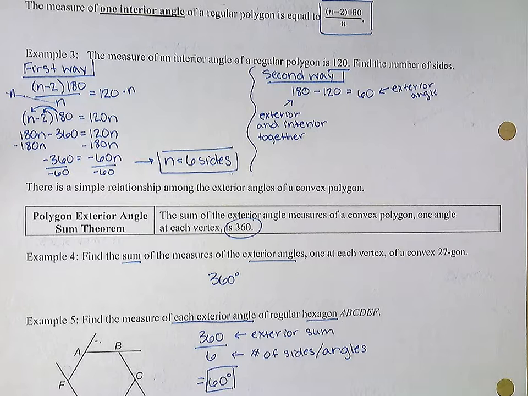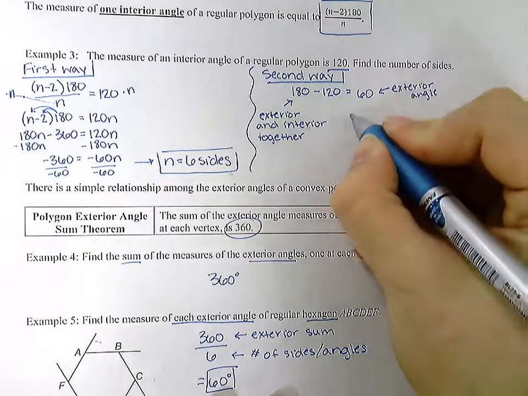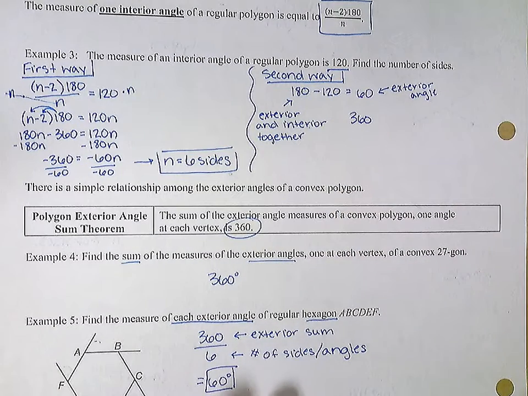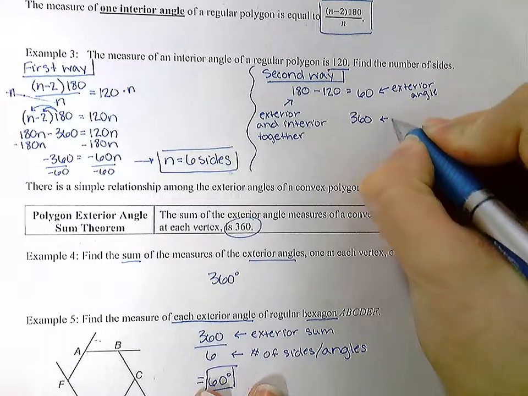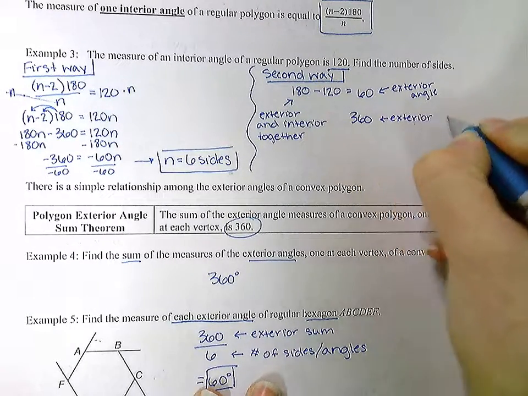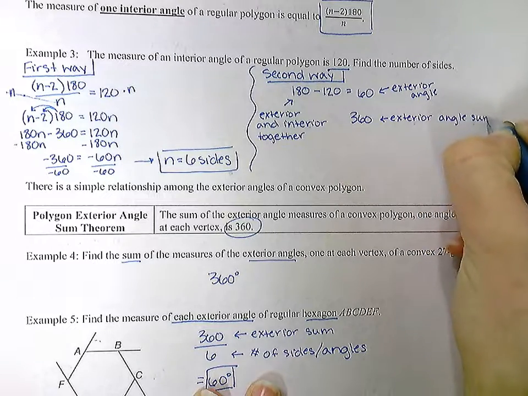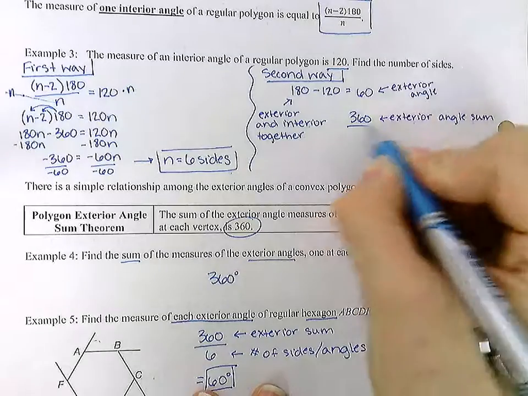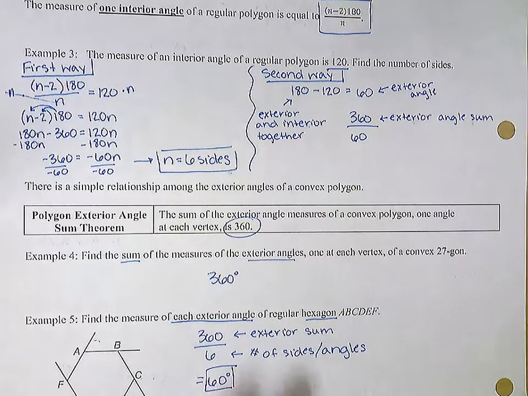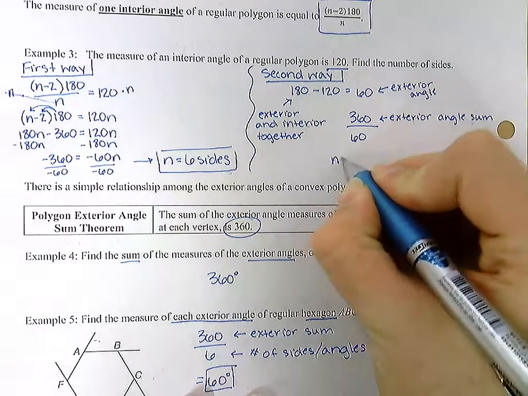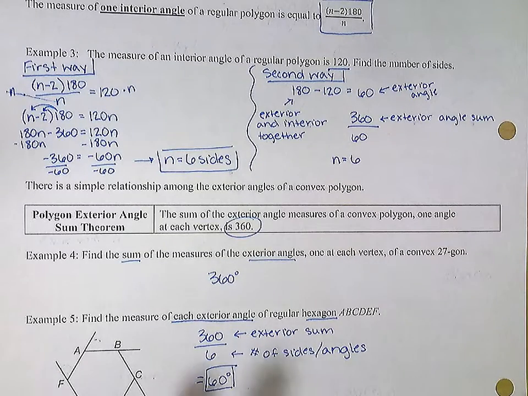Okay, so if I know my exterior angle measure of a regular polygon, and I know the sum of all of my exterior angles has to be 360, I can take my exterior angle sum and I can divide it by my exterior angle to get how many sides I have.